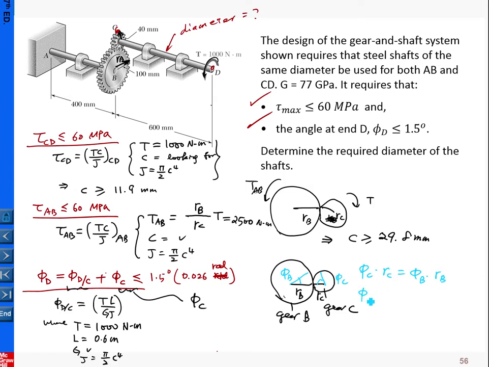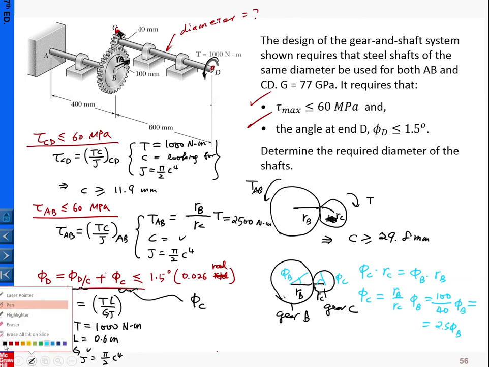Therefore phi C equals phi B times RB over RC. RB equals 100 and RC equals 40, so that is equal to 2.5 phi B. Let me translate that information to here.